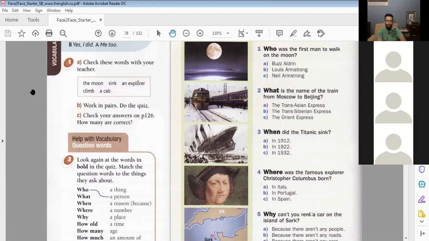But for a person or an animal, we use another word. We use the word drown. This is for people and animals. If a person or an animal dies in the water, we say drown. So in Arabic, what does drown mean?